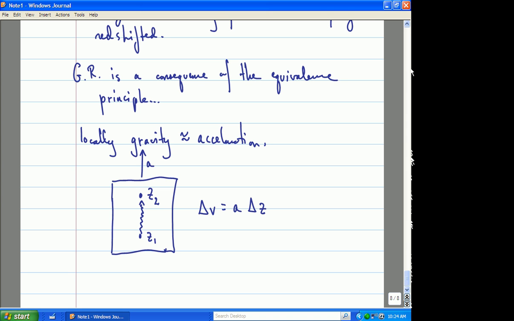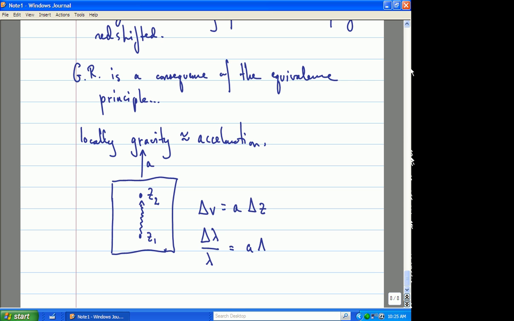So because the light ray is emitted at one frequency and at one velocity and received by an observer moving at a different velocity, there will be a Doppler effect proportional to delta v, so proportional to a delta z.